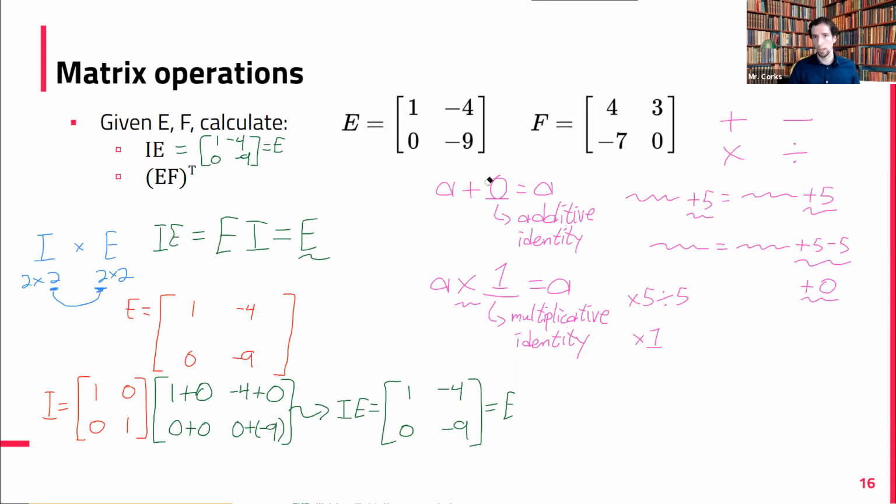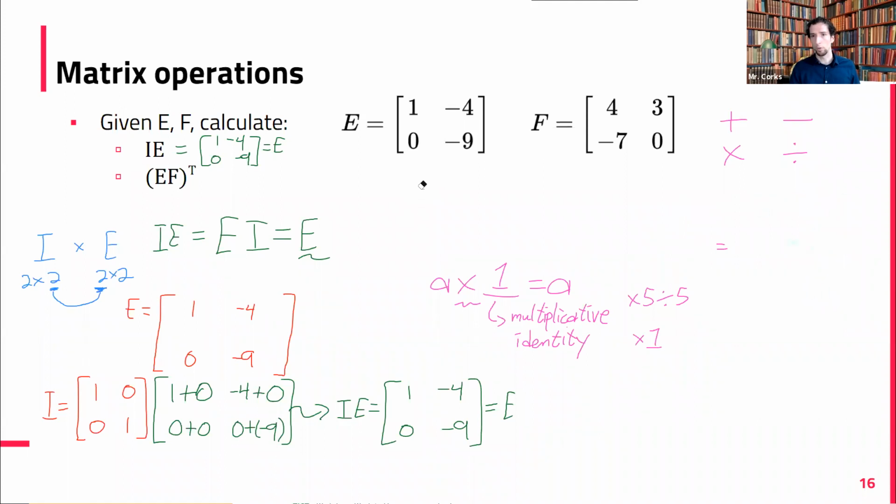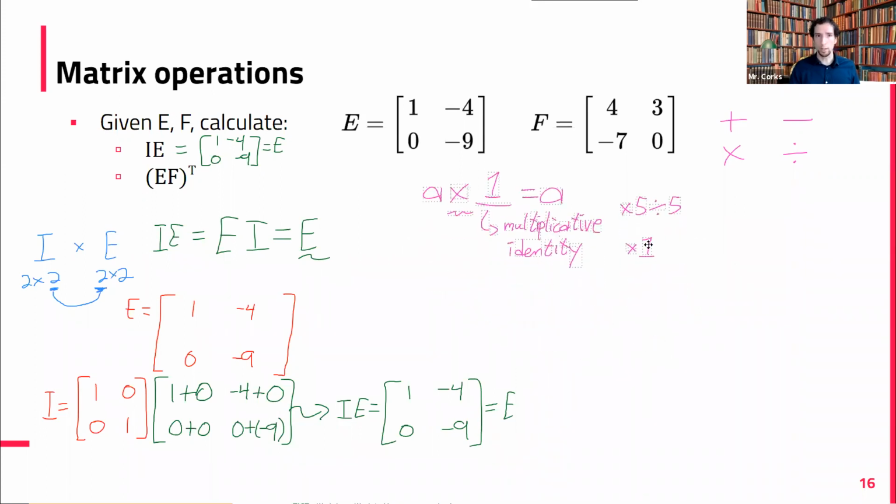For matrix multiplication, I'm going to have to erase some of this. For matrix multiplication, the identity is the identity matrix. So whatever matrix A times I, the identity matrix where the size matches up to be able to do it, is equal to A. And that's also equal to matrix I times A. We can flip the order, just adjust the size perhaps, and we'll still get matrix A out.